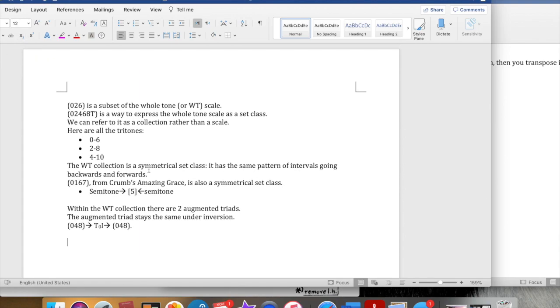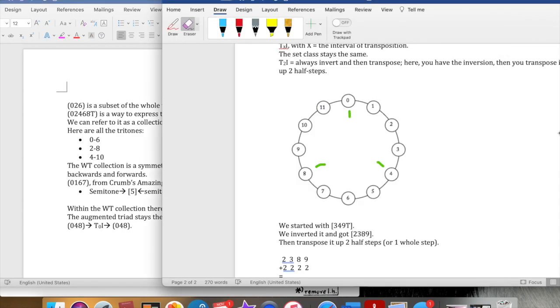Some sets are symmetrical. Being symmetrical gives them special properties, meaning that they either do or don't change under transposition and inversion. In a lot of cases, their symmetry means that they stay the same, which is cool. And symmetry also means that if you arrange them on the clock face, they can be represented in a visually symmetrical way in space.